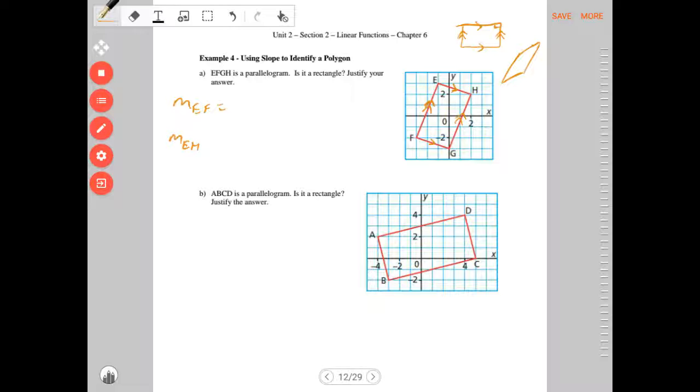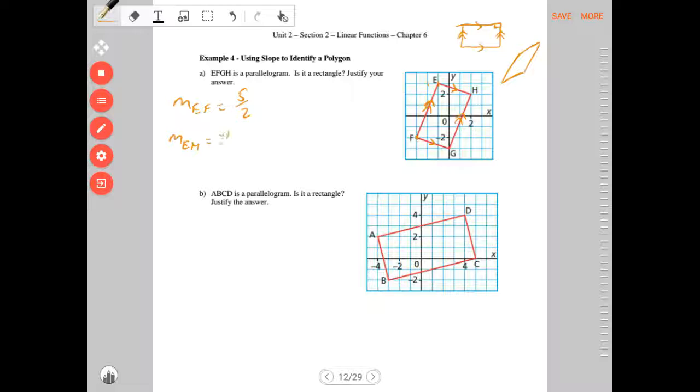All right, so slope of EF. When we're presented with a picture, we might as well just count. Let's go from F to E. That's 1, 2, 3, 4, 5 up and 2 right. So 5 over 2. That fraction doesn't reduce, so we just leave it like that. Then we do the same thing for E and H. The rise is -1, and the run is 1, 2, 3.